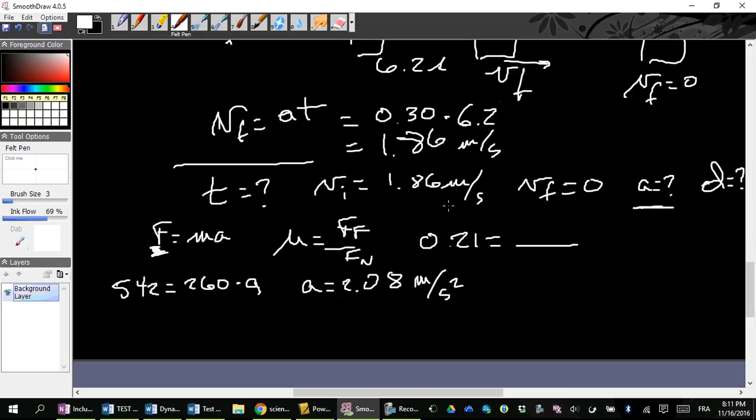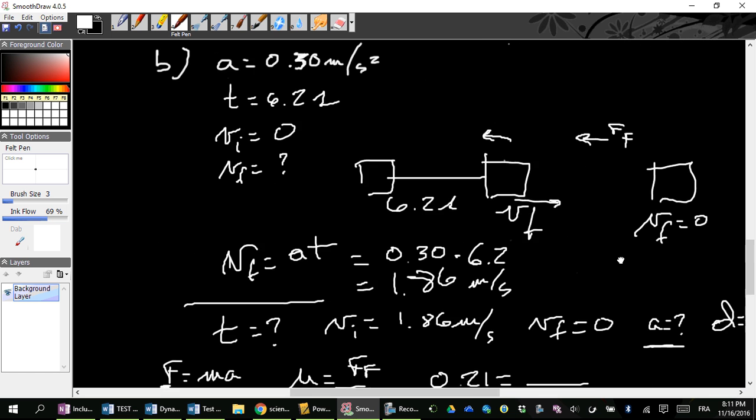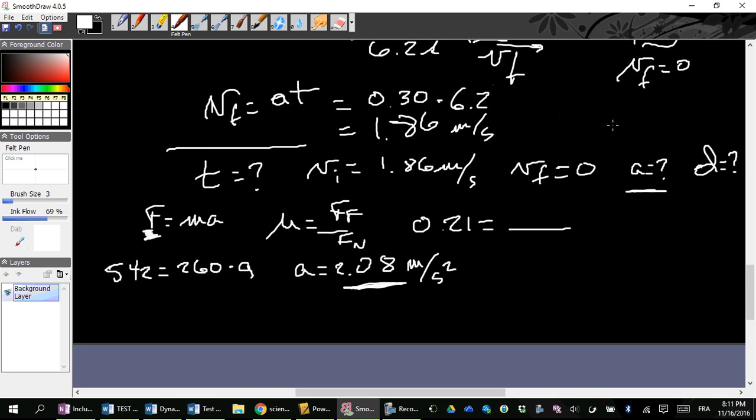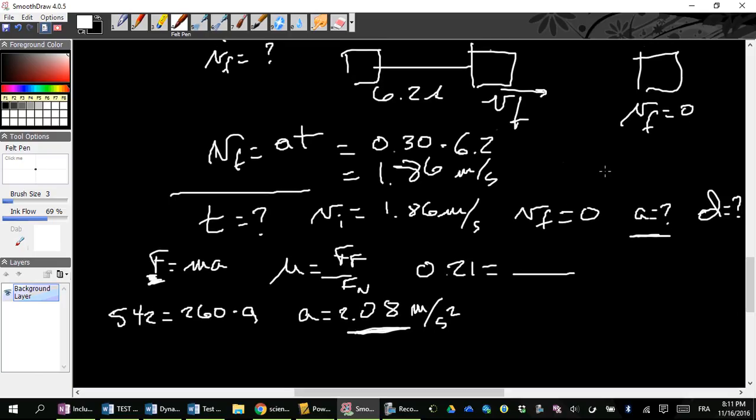So they push, it picks up speed, and the piano just stops very quickly because the acceleration is like 2 to 0.3. What's that ratio? Like 8 times. It's going to slow down really quickly. Okay, that's a very good problem.